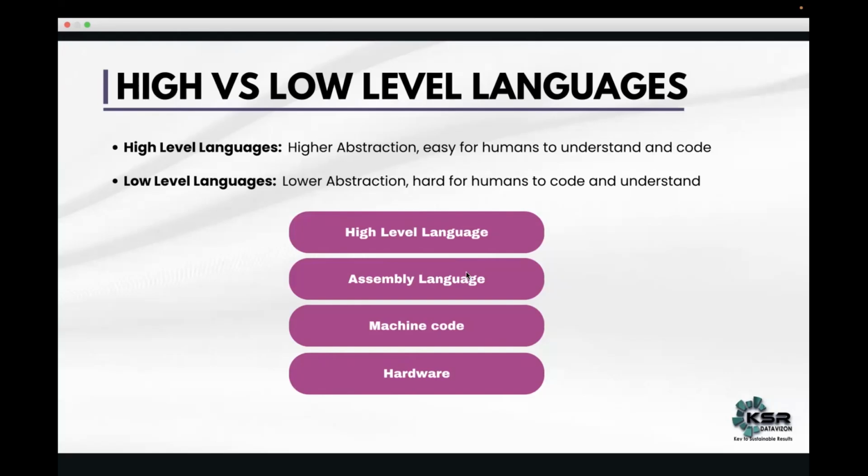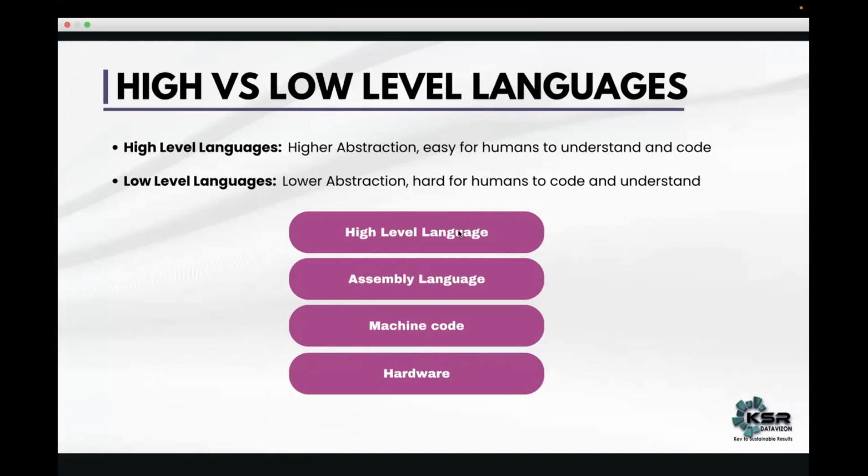Abstraction here means, the higher languages have higher abstraction. That means you don't care about how the computer is getting zeros and ones. Okay? How the computer has converted your code, which looks like English, to zeros and ones, you don't care. You just care about the instructions you are given.